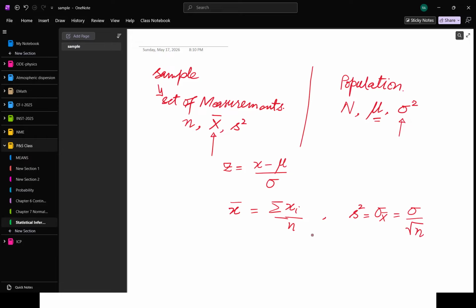For variance, it should be squared, so there is going to be only n as the divisor. We are going to use these relationships while developing the statistical decision theory.